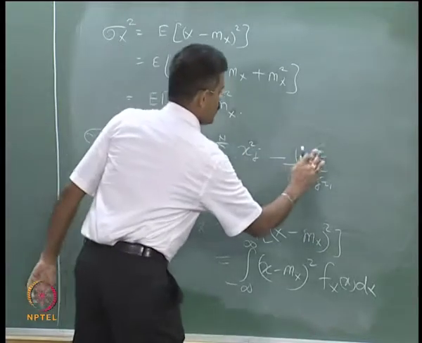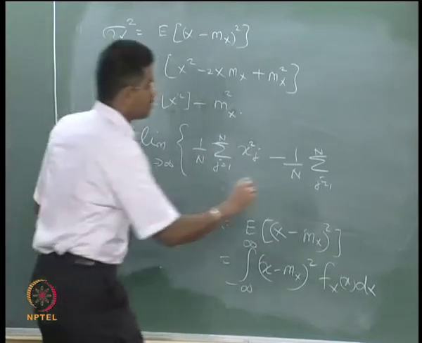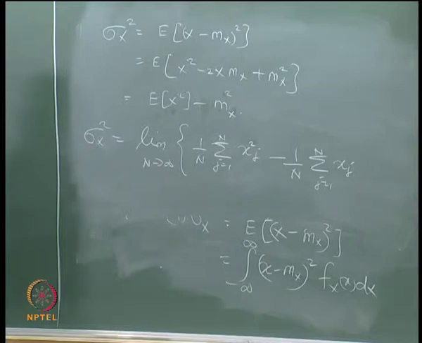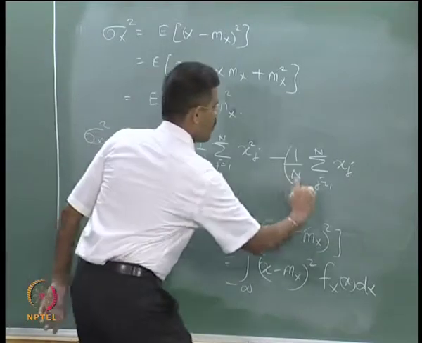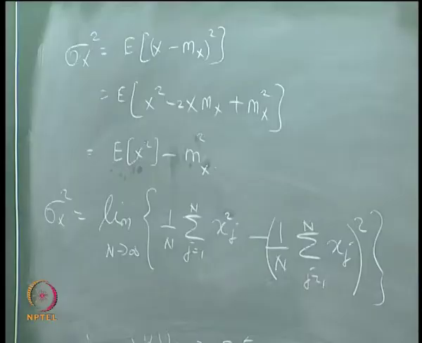Here we are doing for a generic process, which is going to be x of j. Now I want to have the whole square of this, so it is going to be whole square. So this is my variance.